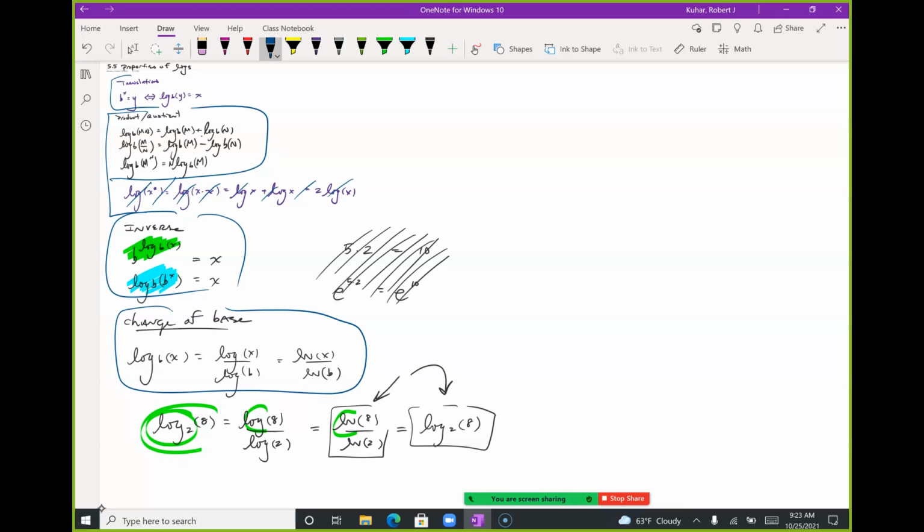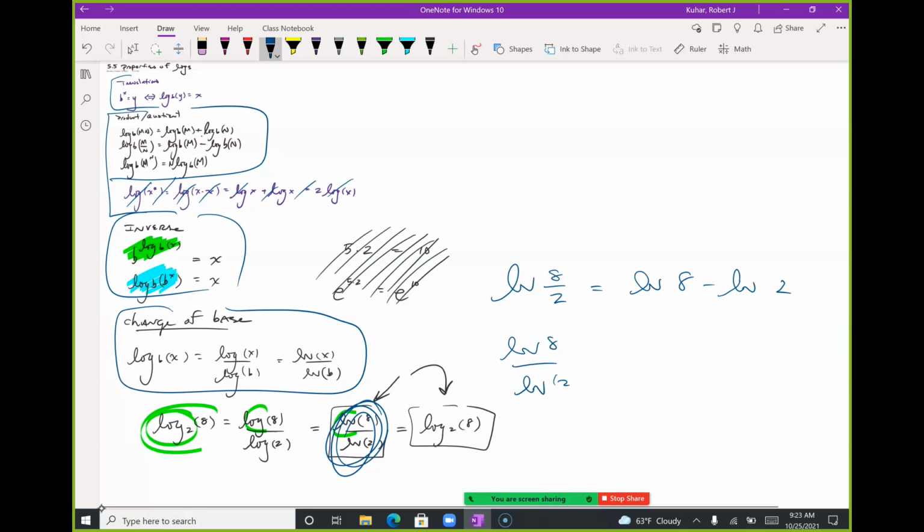Nice question, Alejandro. So if you remember, ln of 8 over 2 translates to ln of 8 minus ln of 2. But ln of 8 over ln of 2 is only going to translate with that change of base, log base 2 of 8.